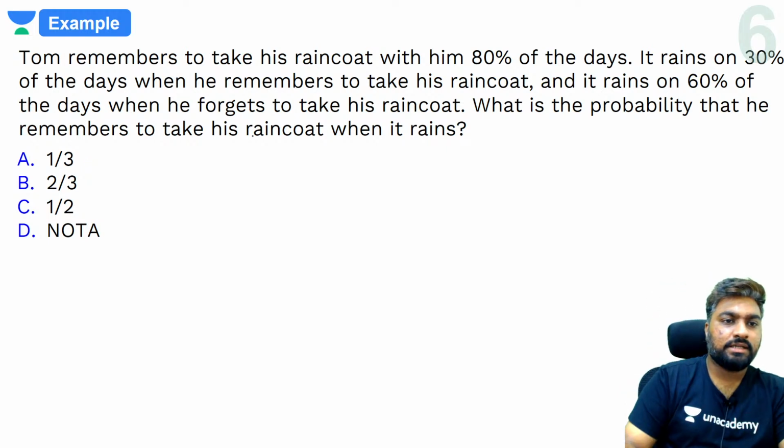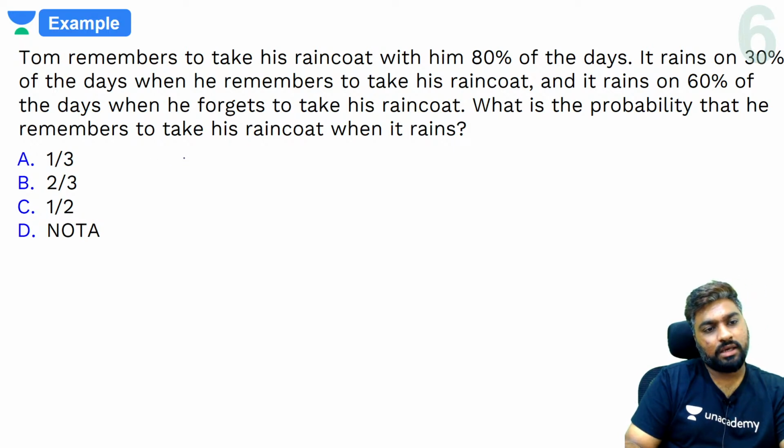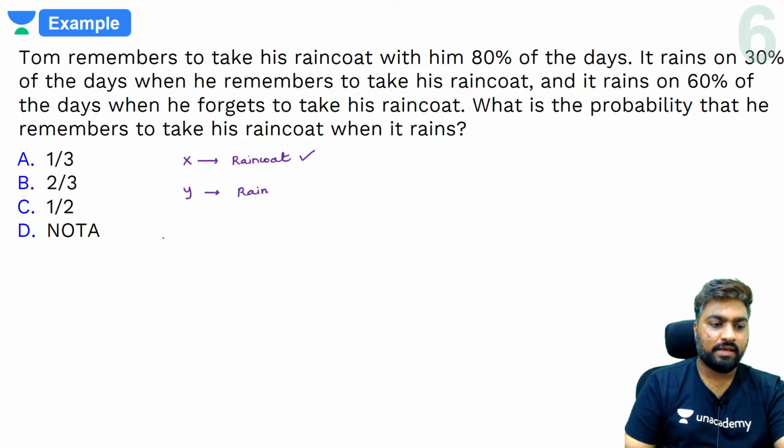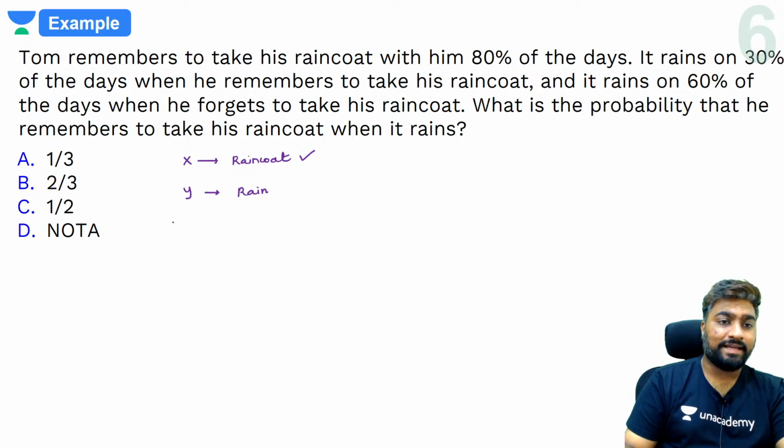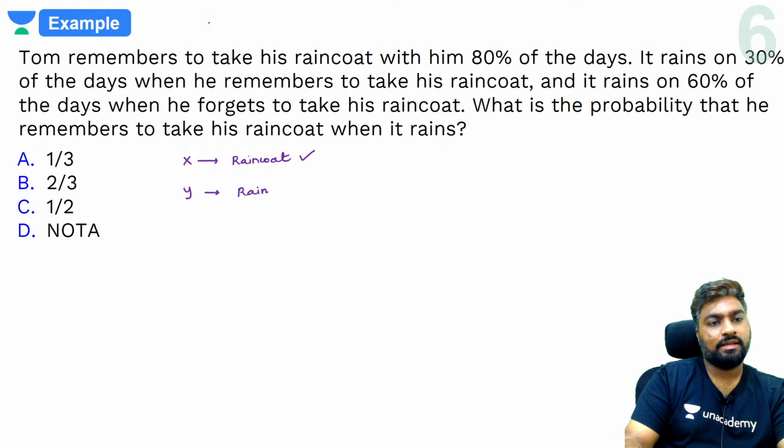So what is the asked question? Okay, assume that X is remembering to take a raincoat. Y is rain, the event that it rains. So what is the question asking? The question is asking what is the probability that he remembers to take his raincoat when it rains.